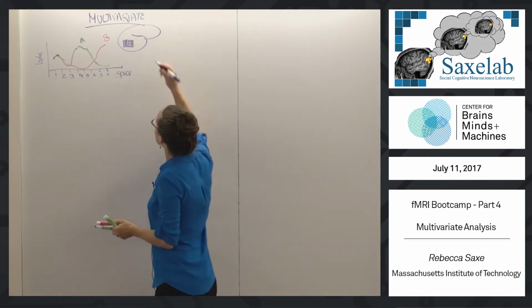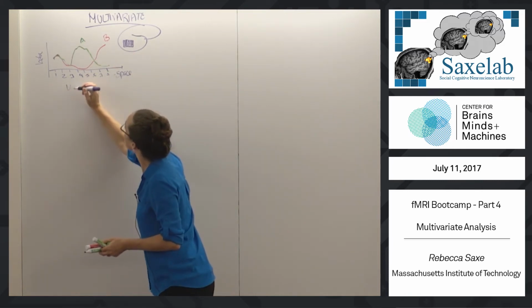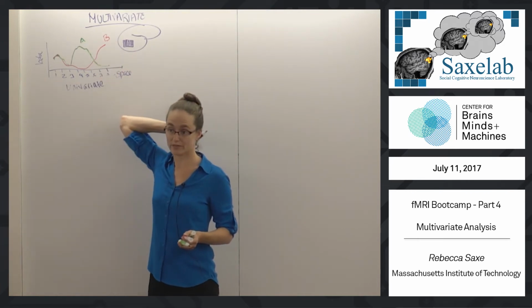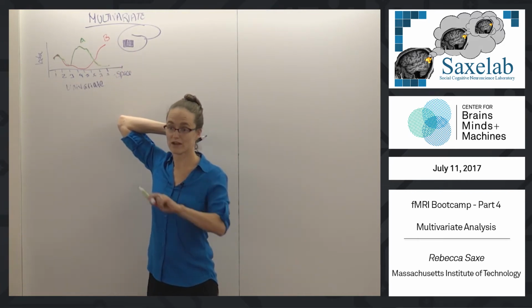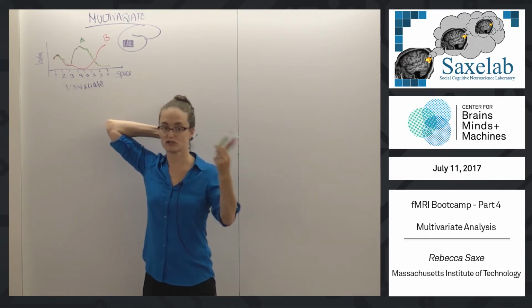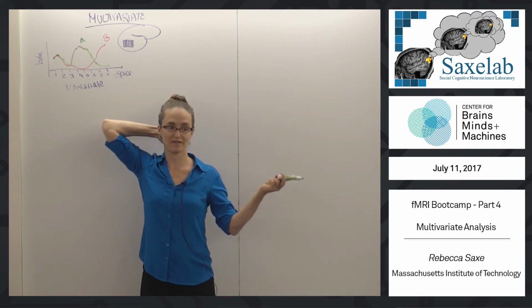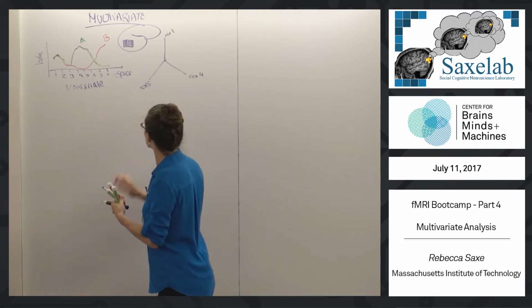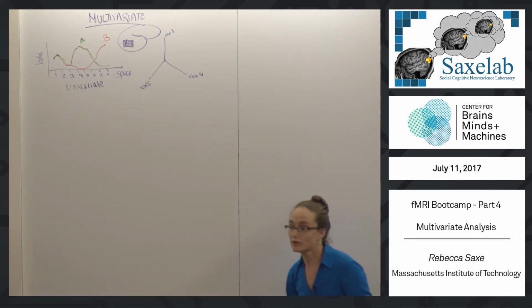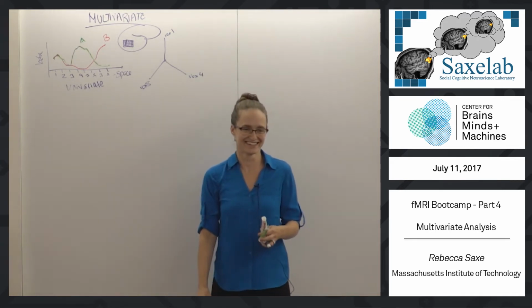So this is the univariate way. Now I'm going to take exactly the same data and I'm going to try to represent them in a different way. So right now I'm not doing anything, no analysis. I'm just going to draw a different picture of the same data. This picture is in 12 dimensions, but you can only see 3 of them.